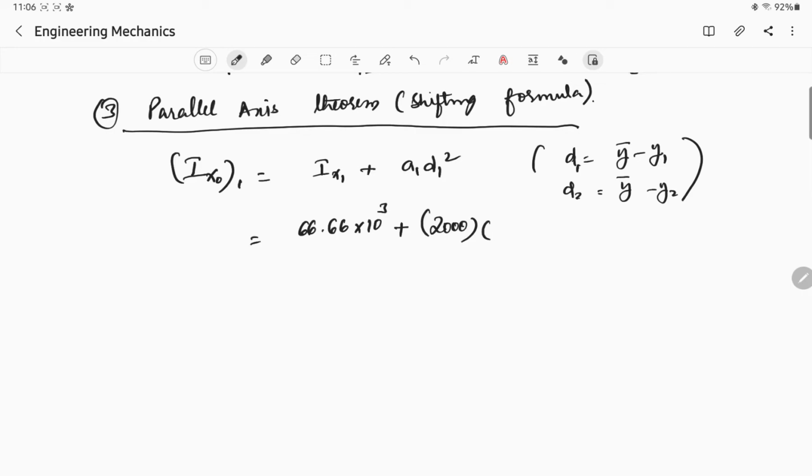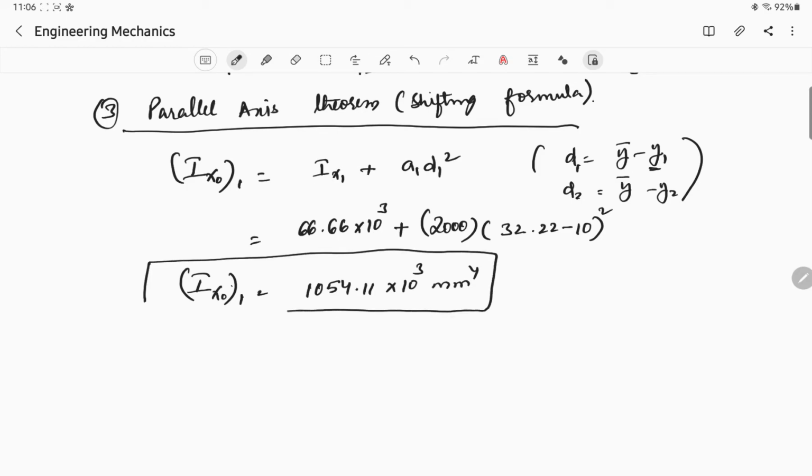D1 square is y bar minus y1, that is 32.22 minus 10, whole square. Once you solve this, you will get the value of Ix naught of the first element as 1054.11 into 10 power 3 mm power 4.